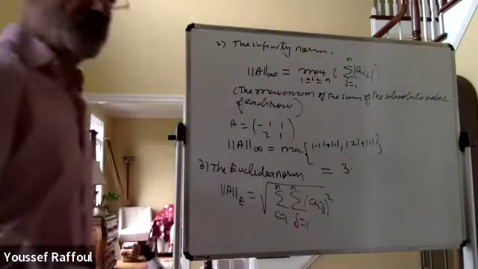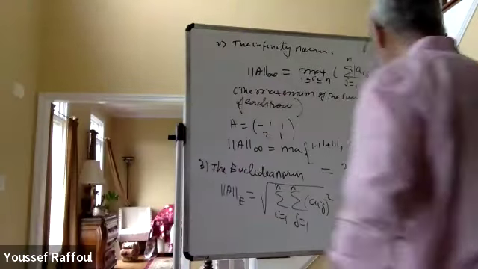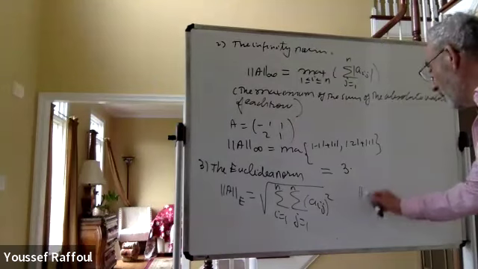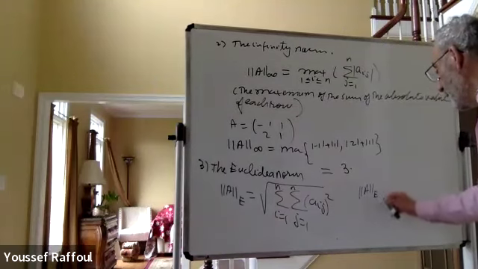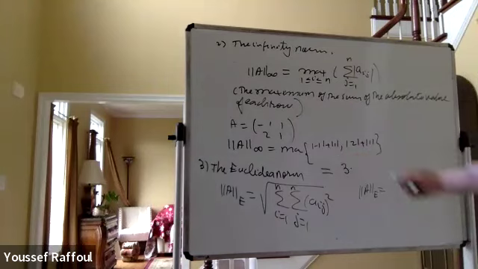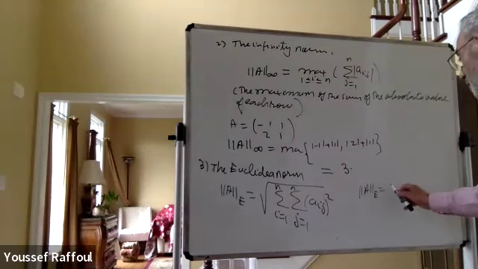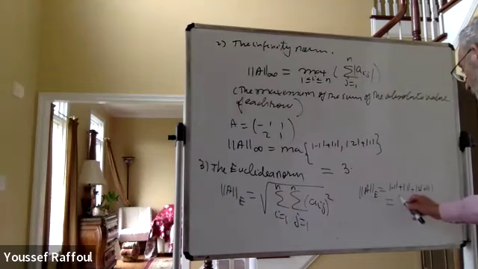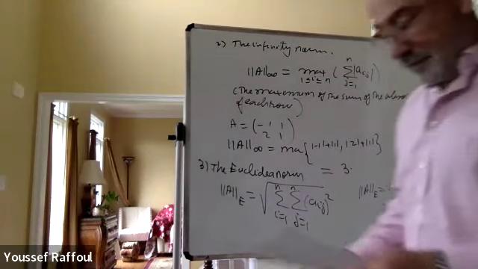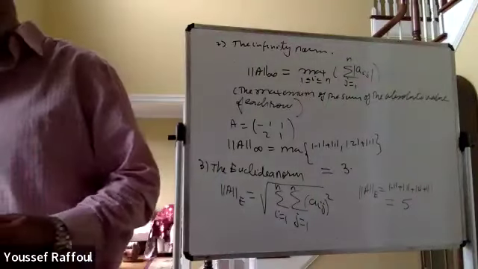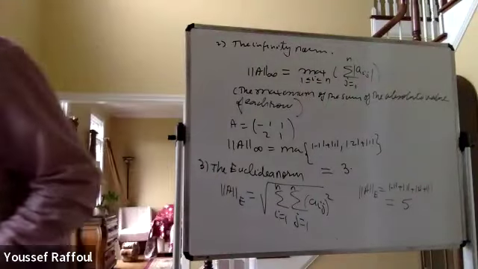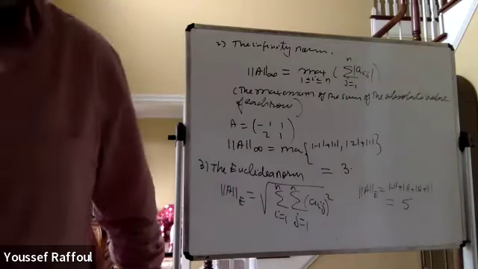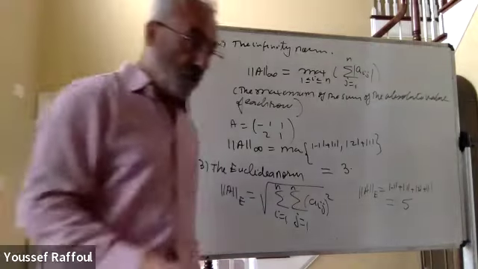So basically, you're summing the squares of all the entries in the matrix. So for example, for ||A||_E, here we have -1, 1, 2, 1, and that is 1 + 1 + 4 + 1, which is 7, so the square root of 7. Any questions?